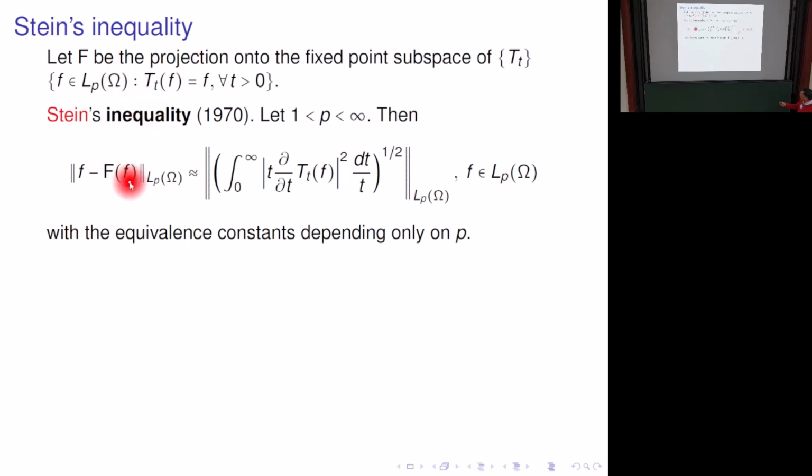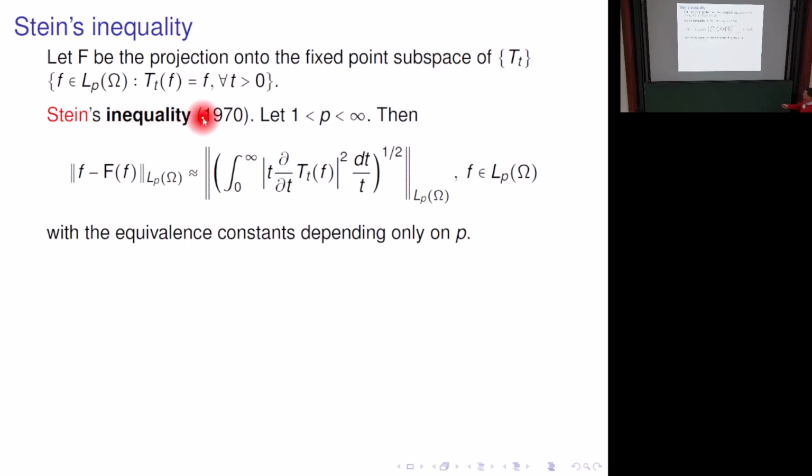You see this F(f) is just the projection to the fixed point subspace of the semigroup. So if f is a fixed point, then the left-hand side, the derivative, is 0. So the square function is always 0. So we have to remove this part.